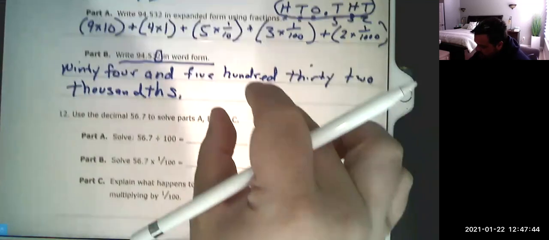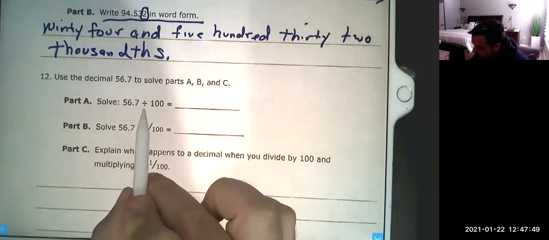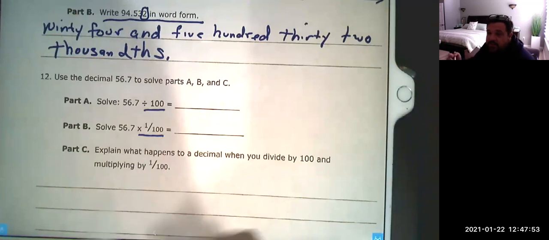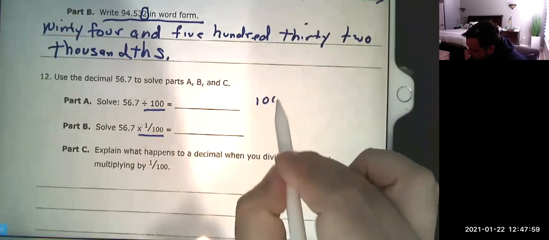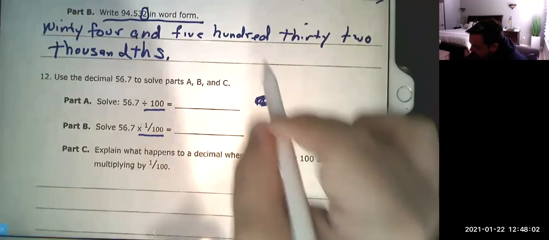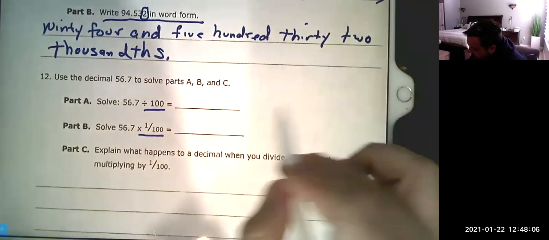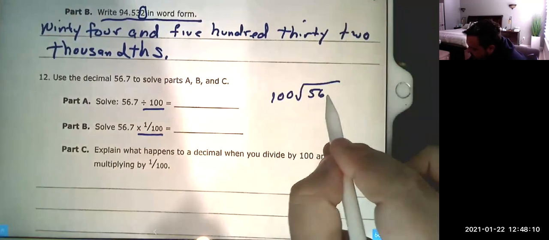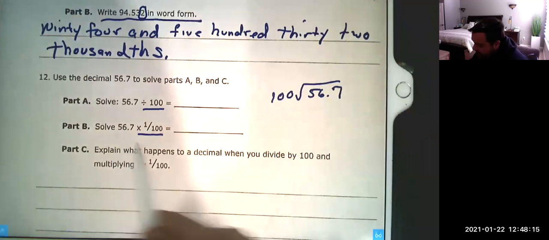And then for number 12, this is that rule that we were talking about before, where whether you divide by 100 or multiply by a fraction, you're still really kind of dividing, right? Because think about it. If you were going to divide this, you would basically be dividing the 100 into 56.7. Now, if you wanted to do the same thing with this problem, look what would happen.